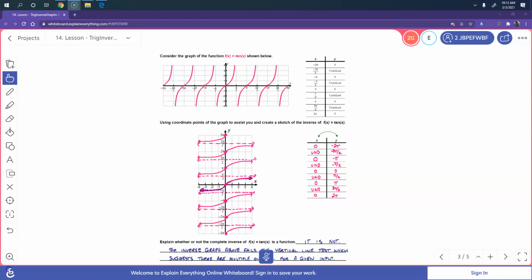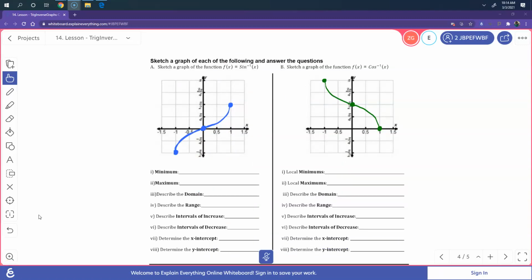We're going to go ahead and label some special attributes of the inverse sine of x. For example, what is a minimum? In other words, what is a minimum y value? In this case, it's going to be -pi/2. What is a maximum for the inverse sine of x here? It's going to be pi/2. Next, it says to describe the domain.